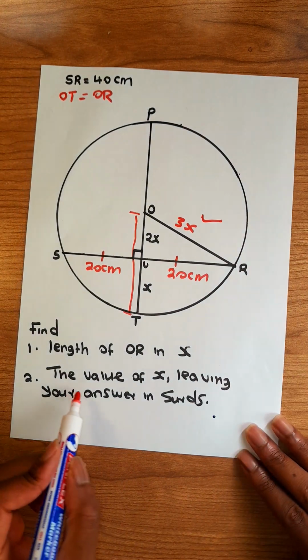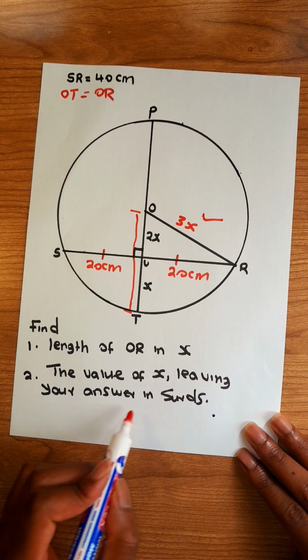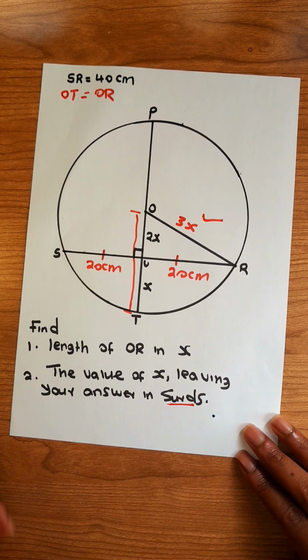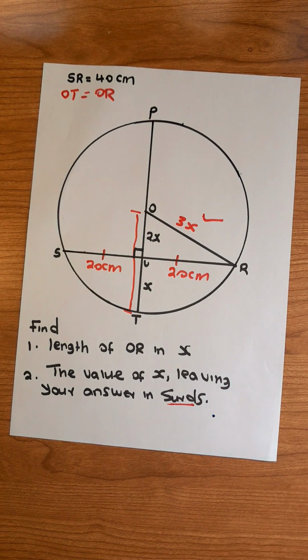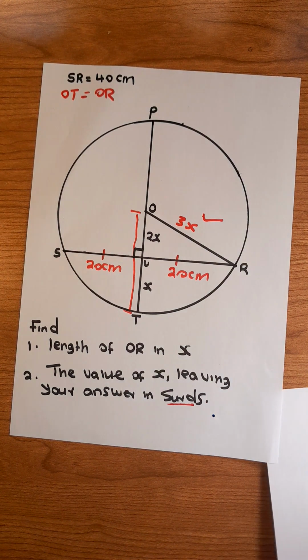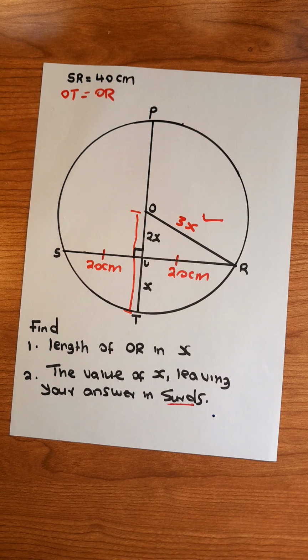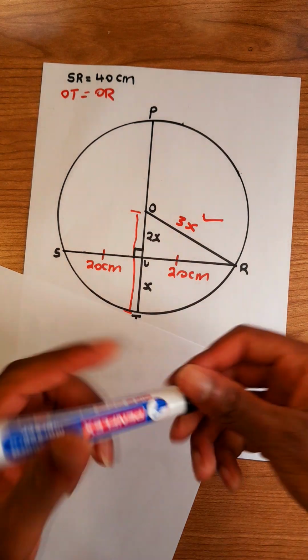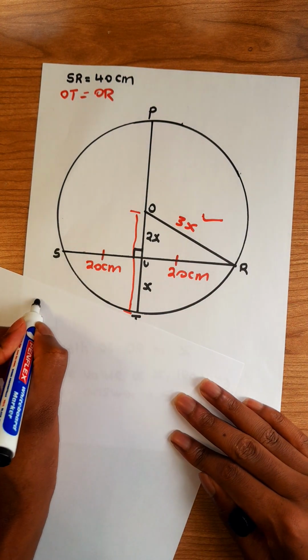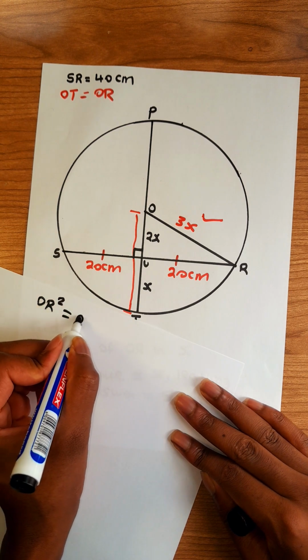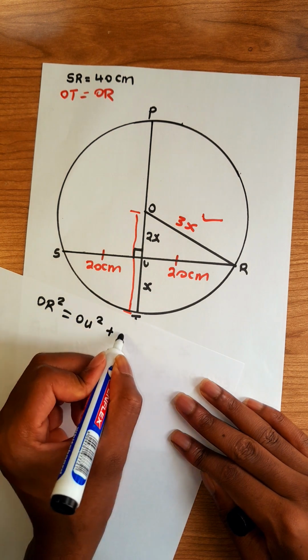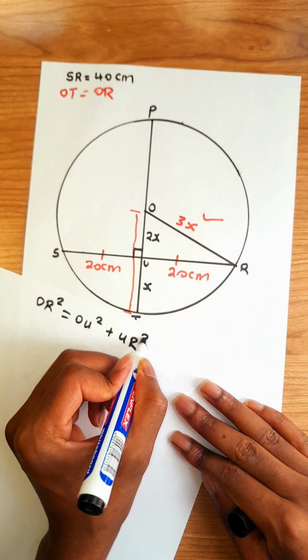Now the other question says we need to find the value of x, leaving our answer in simple surd form, right? So how do we do that? This is how we solve this question. I'm just taking a paper. We want to use the theorem of Pythagoras, which says that OR squared equals OU squared plus UR squared, right?